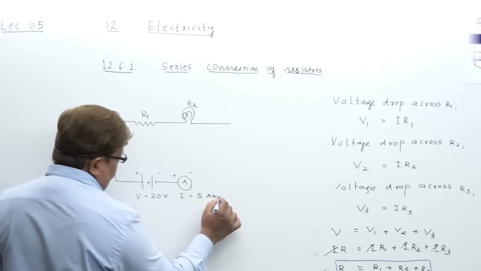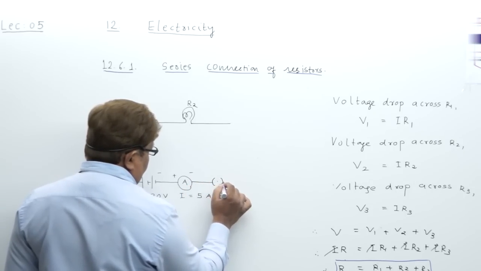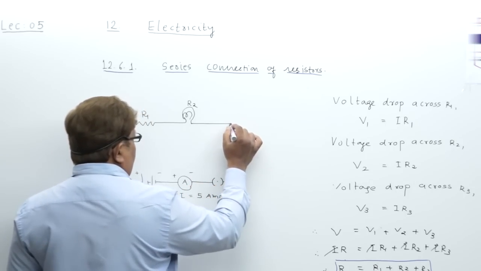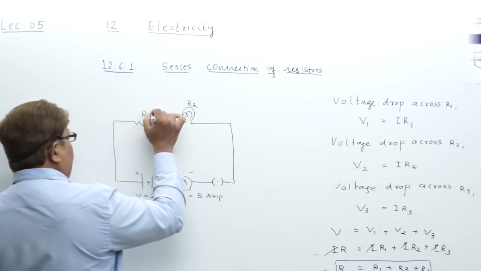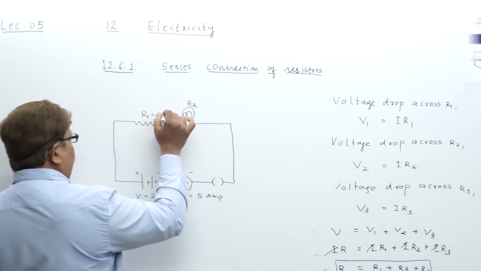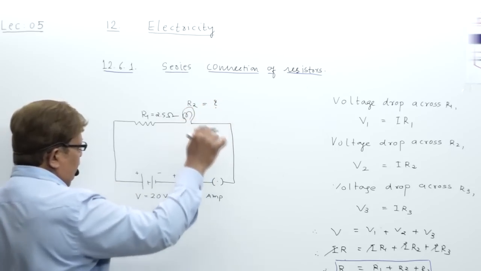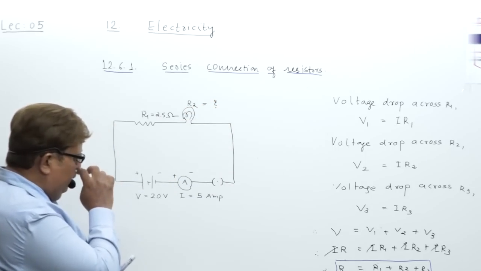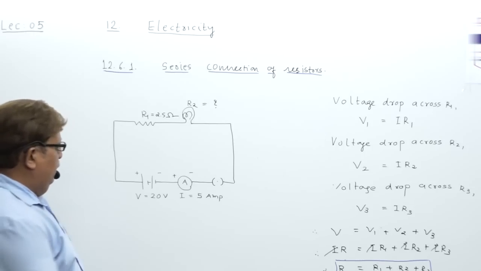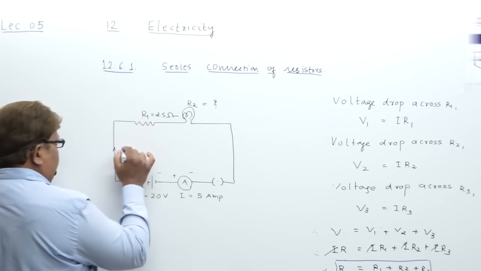Here the switch is already closed, and you are given the value of R1 as 2.5 ohm. And if I ask you what is R2, suppose such a circuit has been given, try to understand, my dear students, such an example.